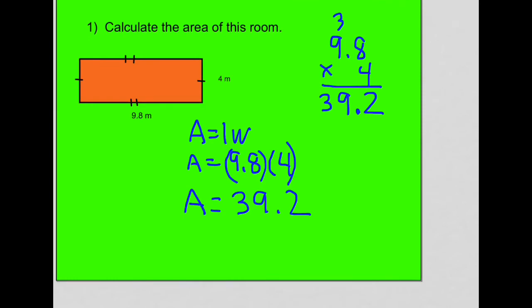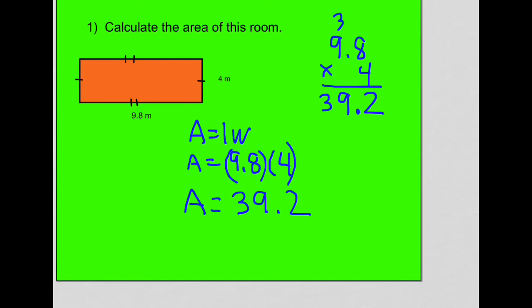Now, units of measurements matter. So when we're talking about area, we're talking about the number of squares that will cover a space. In this case, we're talking about square meters. So squares that have 1 meter on every side, that's actually a pretty big square. So this is a pretty big area.